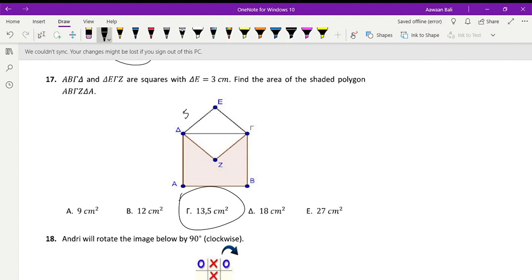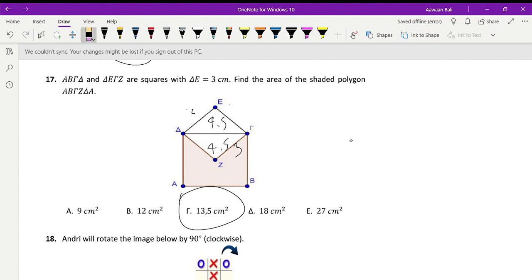So delta, eta is 3 centimeters, and they're squares, which means this is 3 centimeters, this is 3, this is 3. The area of a square is a squared, where a is the side, so 3 squared is 9. So the area of this is 9, but this is bisected. The square's cut in half. So 9 divided by 2 is 4.5.